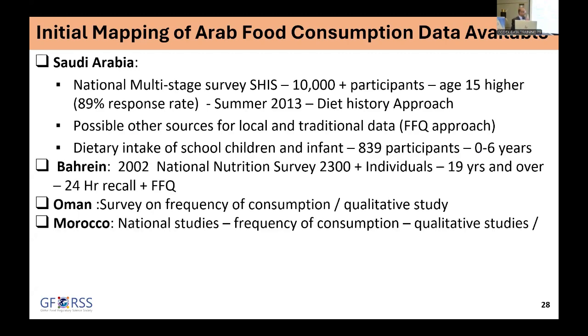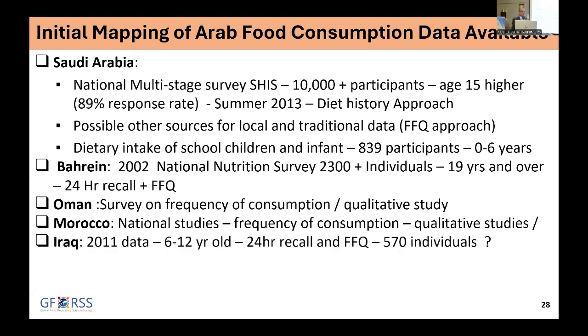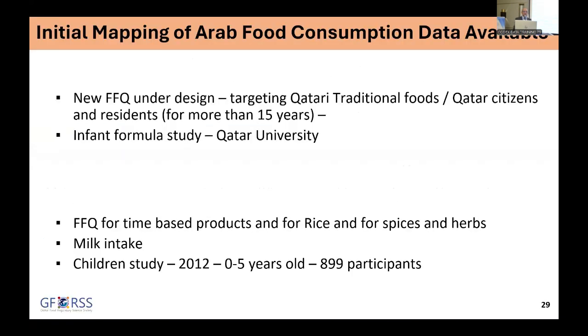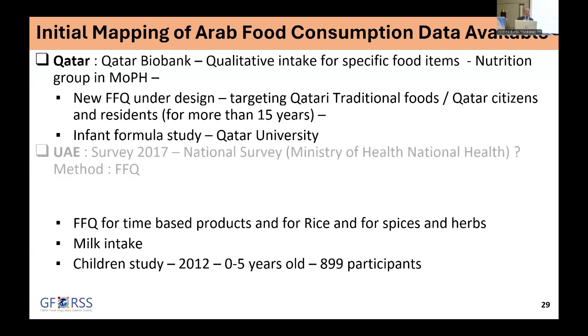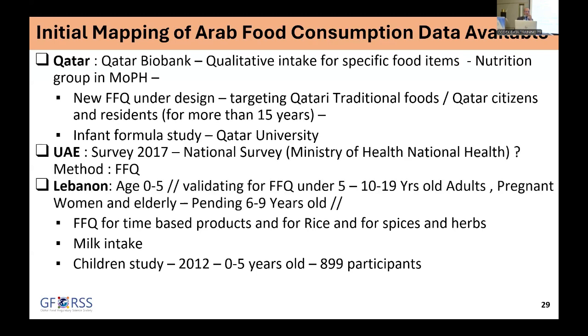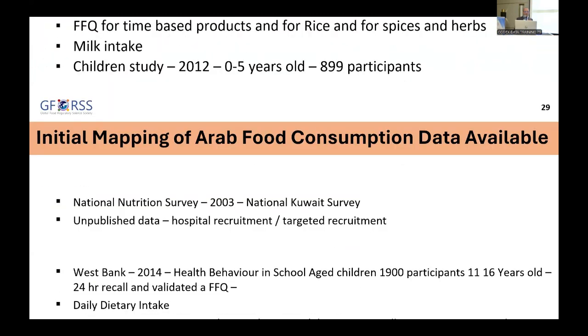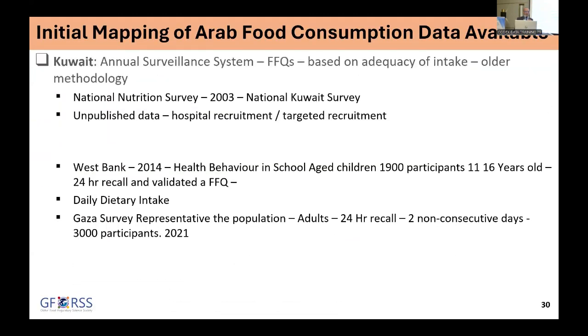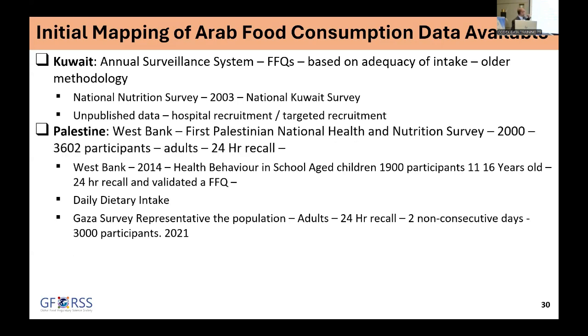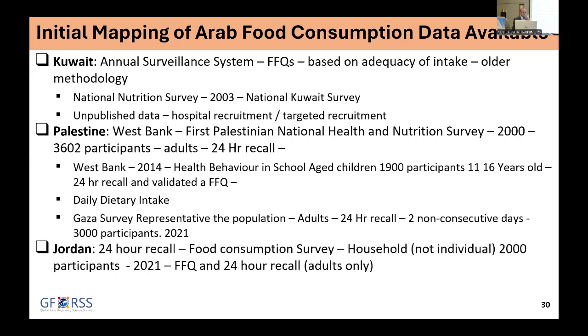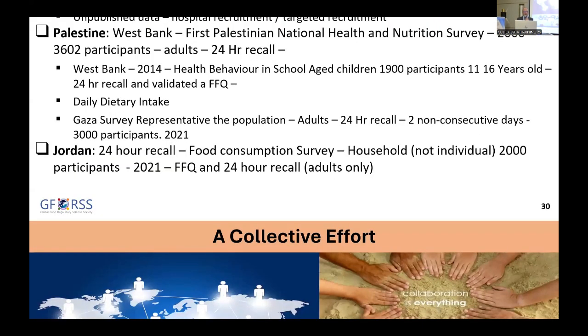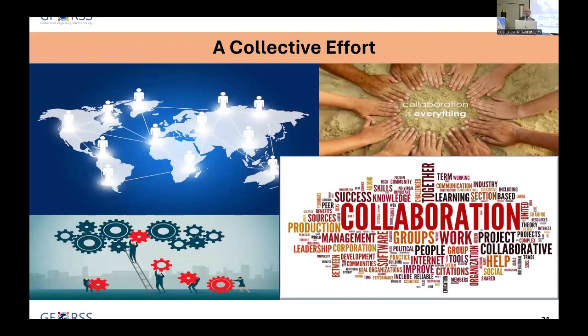We were able to identify several national studies and surveys related to food consumption, as well as from other countries like Qatar, the UAE, and Lebanon, with other methods used, as you see for Kuwait, Palestine, and Jordan in general. So those data are already available.